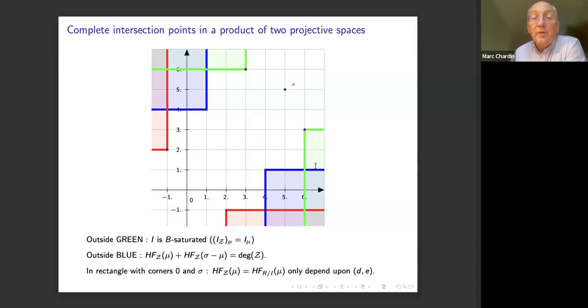And the third thing is that if you look in the rectangle, or here it's a square that you make from 0, where the corners are 0 and sigma, the Hilbert function only depends on e. Because your ideal is saturated, and we have this formula that gives the Hilbert function.